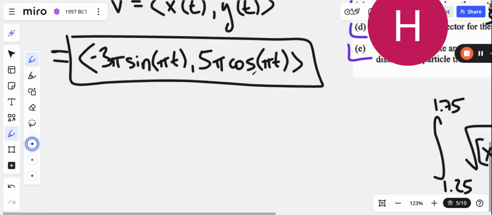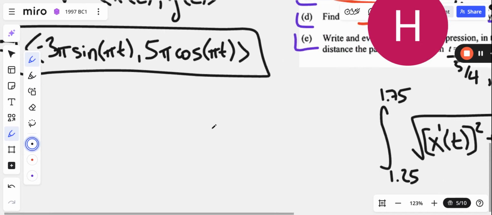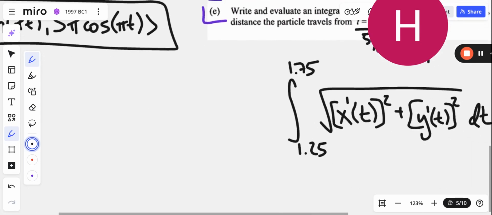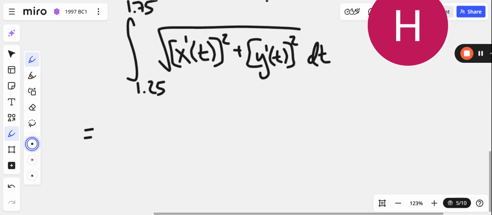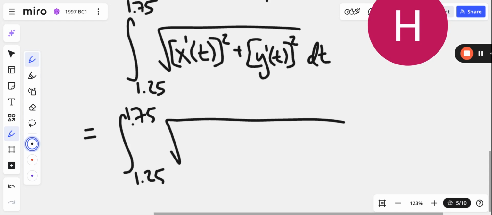We have a sine and we have a cosine. It's kind of promising because I have to square both of them. So here we're going to have the square root of, what does that turn into?